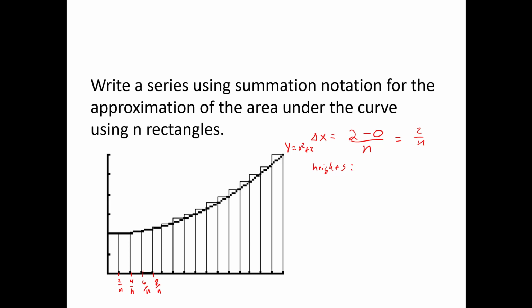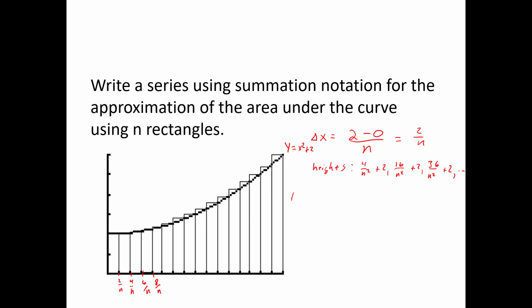And so your heights, when we put in the 2 over n, we'll get 4 over n squared plus 2. The second rectangle, we will then get 16 over n squared plus 2. And then we will get 36 over n squared plus 2, and so on. That's enough to get a pattern, right?